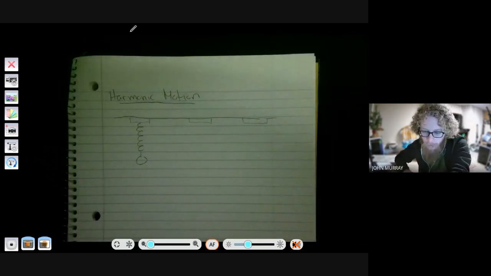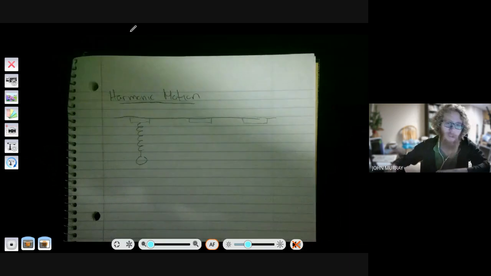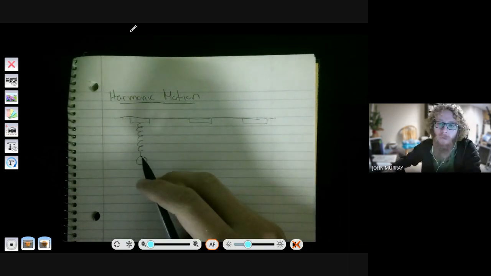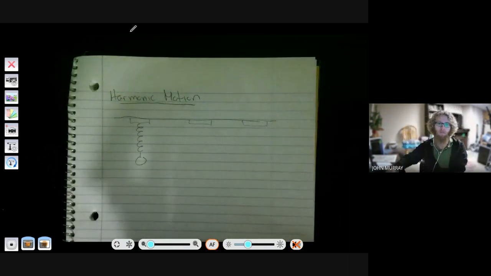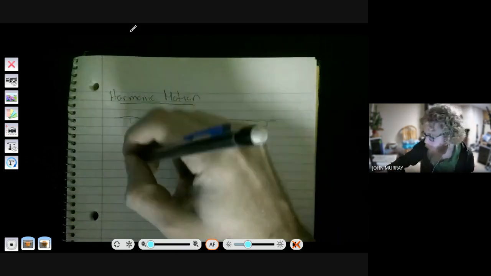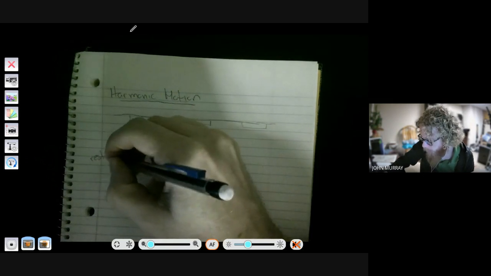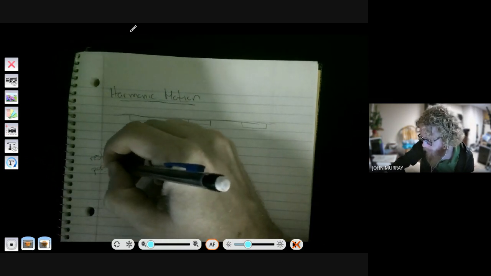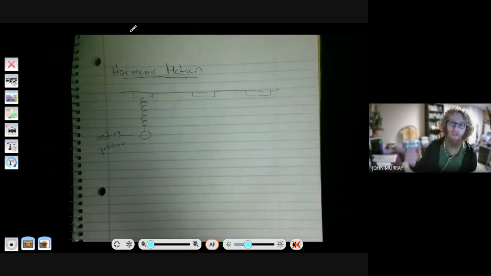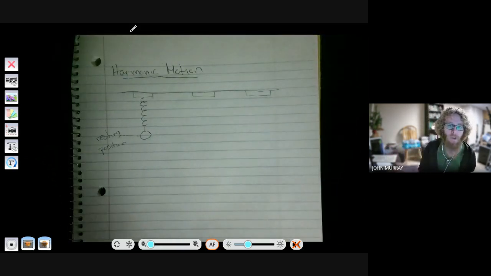the situation that we're dealing with, we have some sort of spring with a weight attached to the end of it. Okay, and we either pull down on it and let go, or we push up and let go. So this here we'll call the resting position, right? So that's if you just let the weight hang from the spring and you don't touch it.